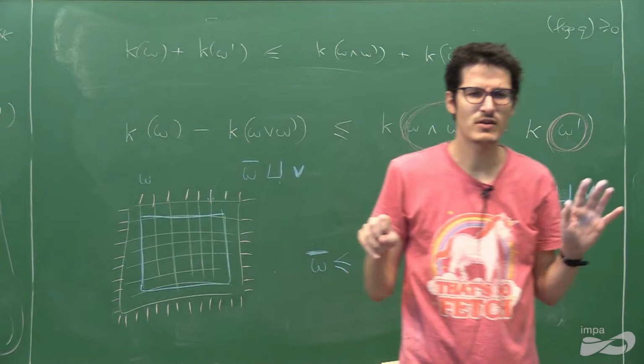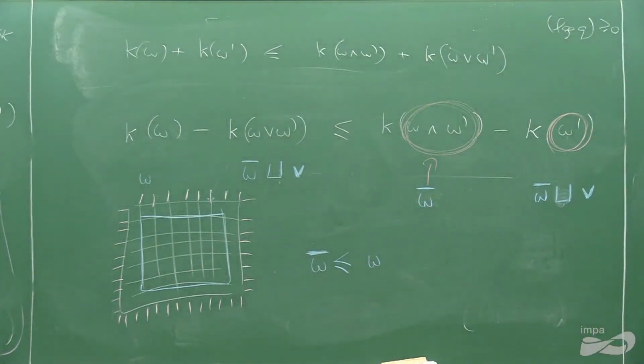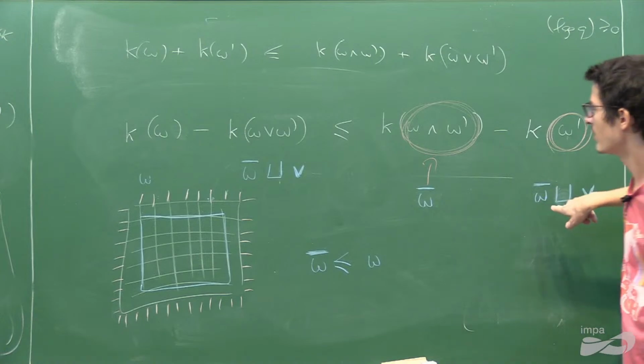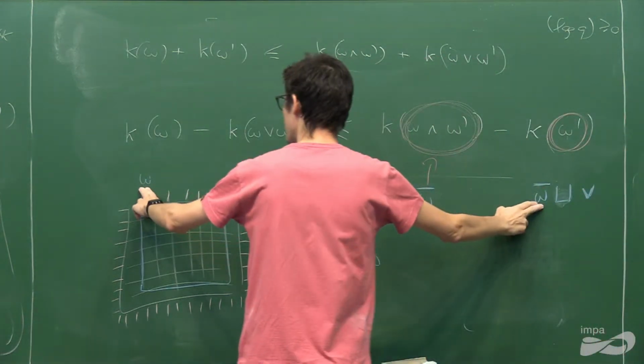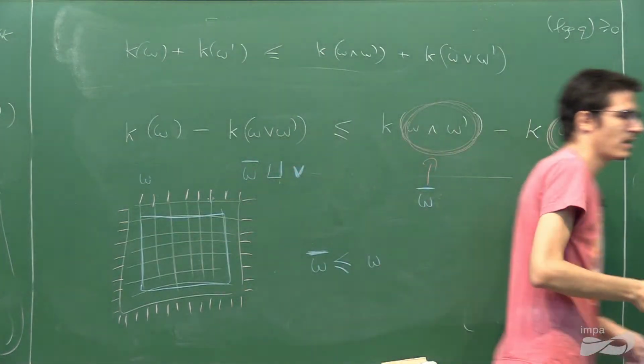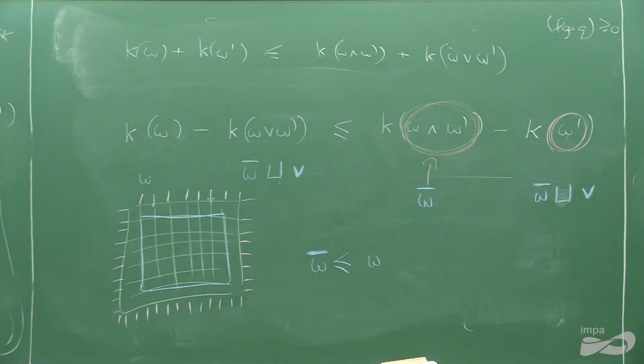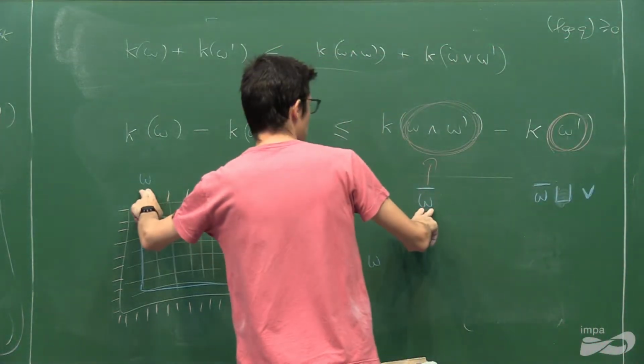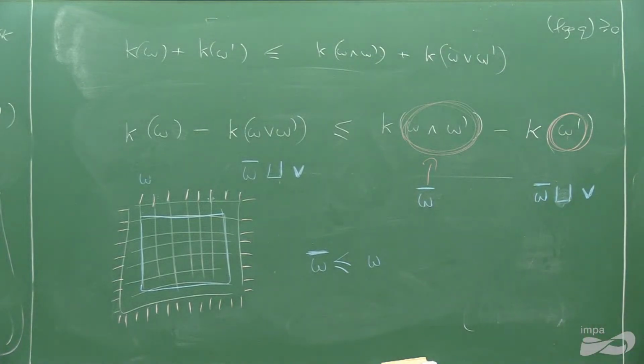This is something you can check edge by edge, and this is basically what is done in Werner's lecture notes. So you start from this configuration, omega and omega bar, and you start adding one edge to both of them.